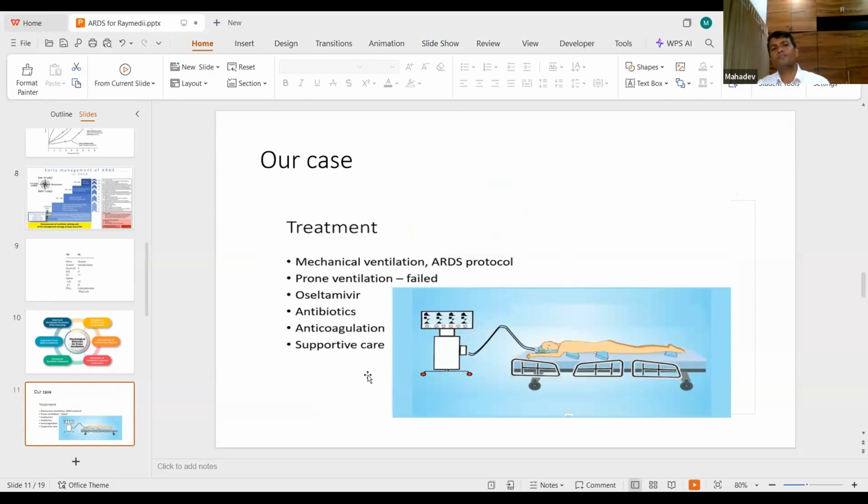So coming back to our case, we did try prone ventilation. We failed. The ARDS protocol was followed throughout the procedure. Oseltamivir was started, along with antibiotics, anticoagulation, steroids, and other supportive care, but the patient did not improve.